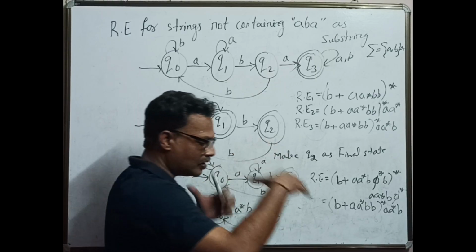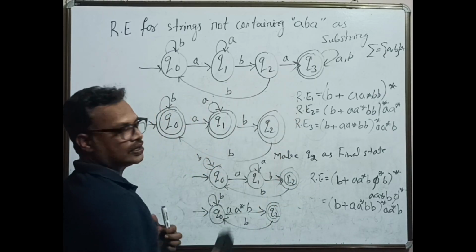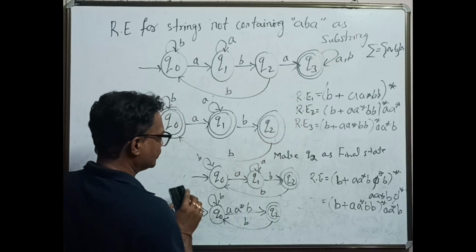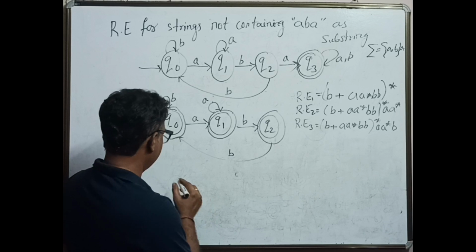Is that clear? So we got all three combinations of regular expressions. Now we have to integrate them. So I'll erase all these things. Now let us write the final regular expression.